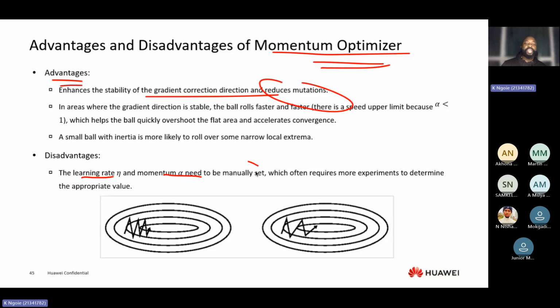But the disadvantage is that the learning rate and momentum alpha need to be manually set. That's the problem here, because if you're using the momentum optimizer, you actually need to set the learning rate. The learning rate is usually a value as small as maybe 0.0001. But again, remember, this is a hyperparameter. Why? Because you're setting it yourself.